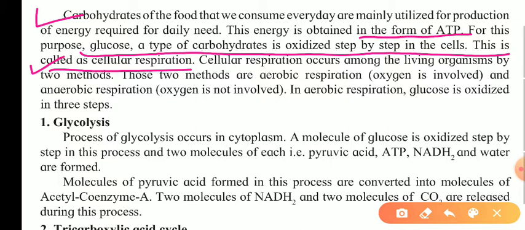Cellular respiration takes place in living organisms, and there are two methods of it. One is aerobic respiration, where oxygen is involved, and the other is anaerobic, where oxygen is not involved. Whenever the words aerobic and anaerobic come in science, keep in mind that aerobic is always linked with oxygen, and anaerobic means in the absence of oxygen.